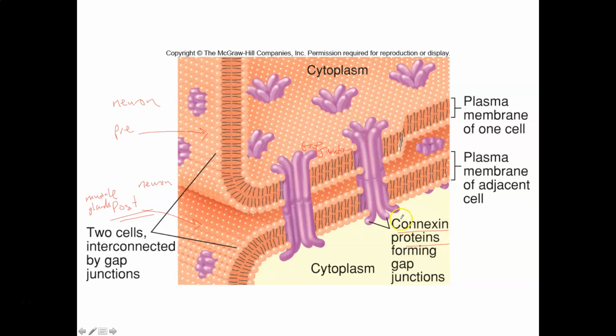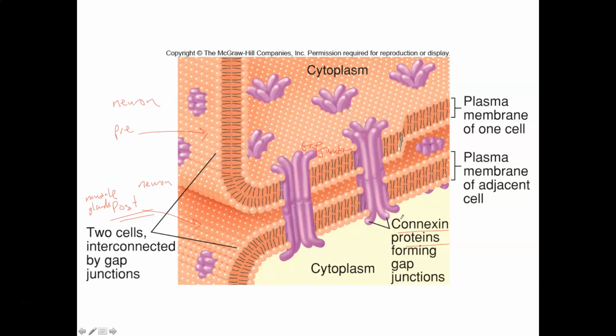And so hence connecting the presynaptic cell to the postsynaptic cell. And so information is going to travel typically from the presynaptic to the postsynaptic. However, you could have some information flow go back the other way just because these are protein channels connecting the two membranes together.